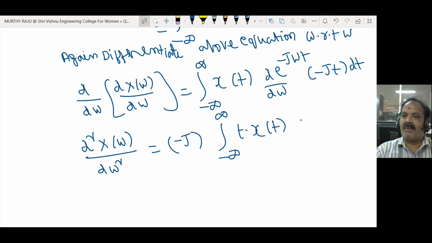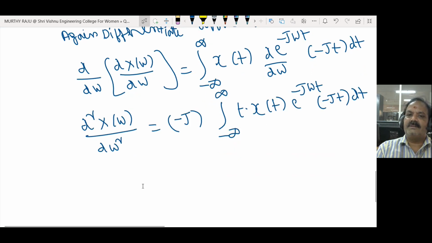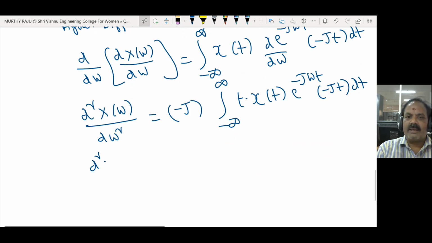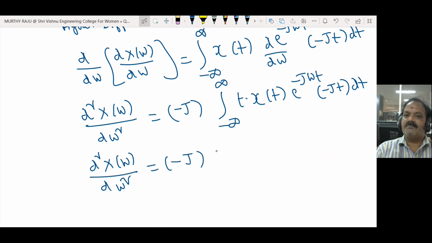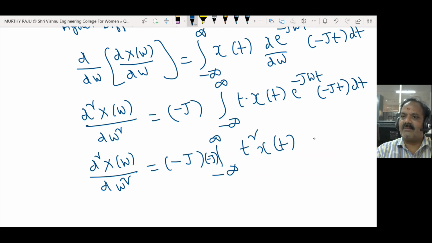Again, d by d omega of e power minus j omega t is e power minus j omega t, and the differentiation of minus j omega t with respect to omega is minus j t, dt. So d square X of omega by d omega square is equal to minus j, the integral from minus infinity to plus infinity of t into t square... of t x of t, and here one more minus j term is there, minus j brought outside, t square x of t e power minus j omega t dt.